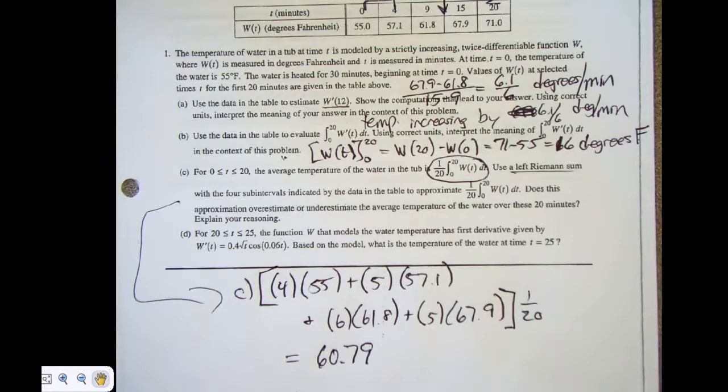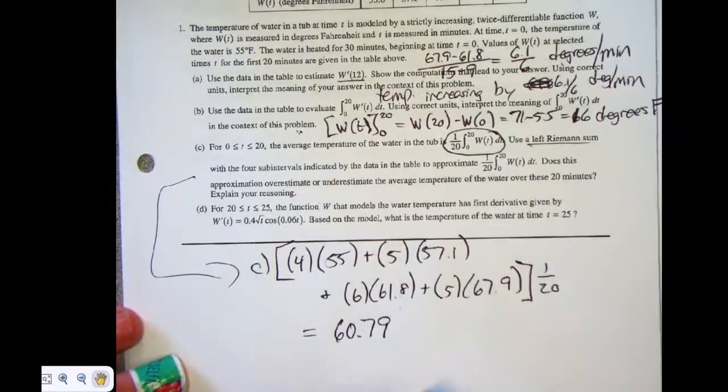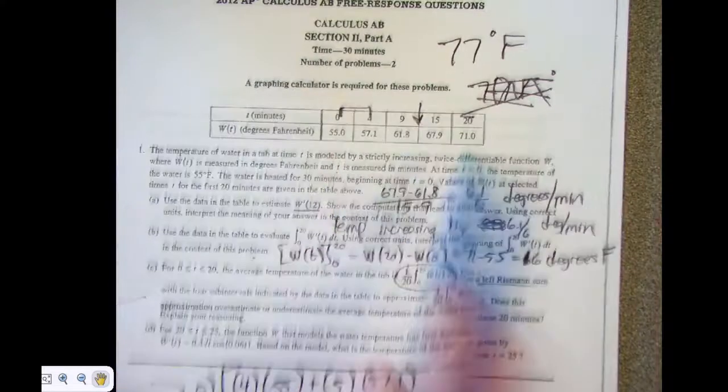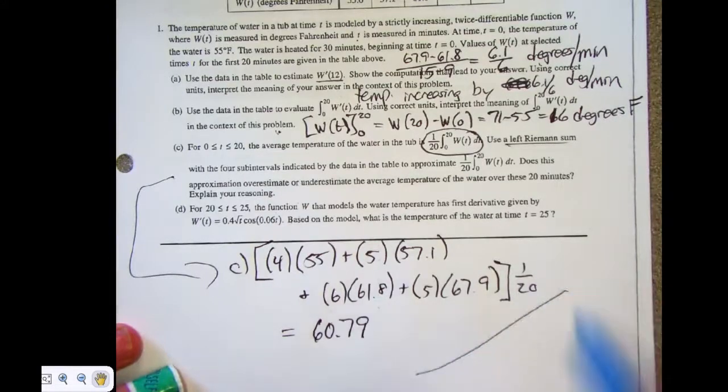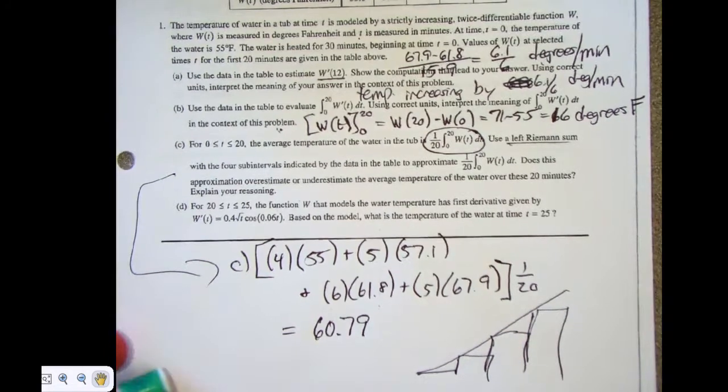So what are we looking at to see if it's an over or under? If it's increasing. So this is getting bigger, right? These values all go bigger and bigger. So if I'm going up and I'm taking the left-hand point in each interval, am I overestimating or underestimating? I'm underestimating.